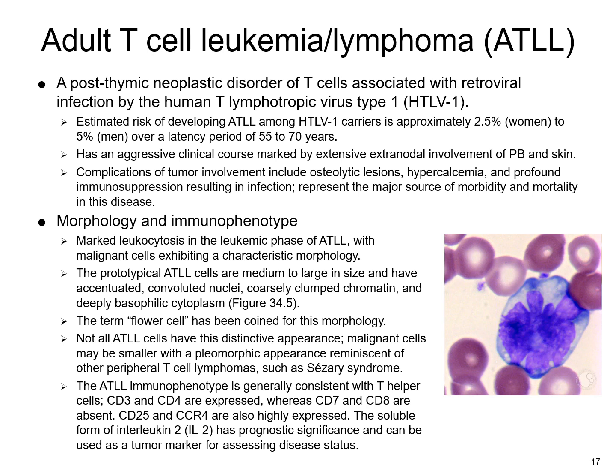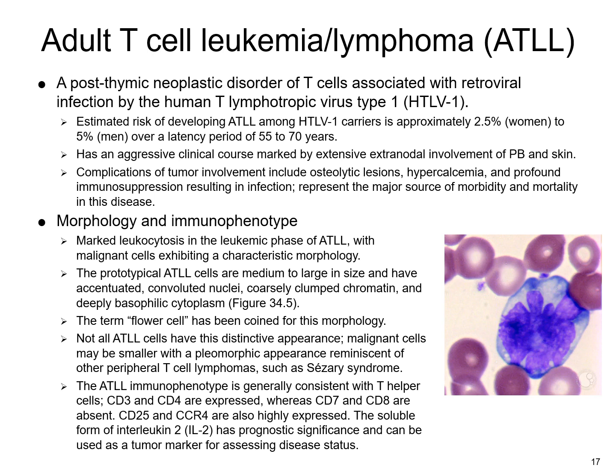These cells are medium to large in size, and they have a convoluted nucleus with coarsely clumped chromatin and deeply basophilic cytoplasm. These cells are often referred to as flower cells because of their morphology. You can see that it has a very distinct appearance to that nucleus, where it almost resembles a little flower pattern.